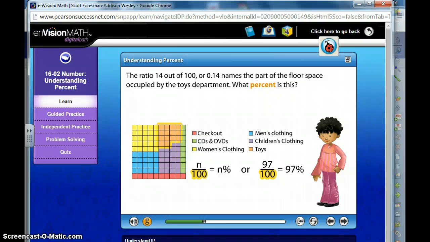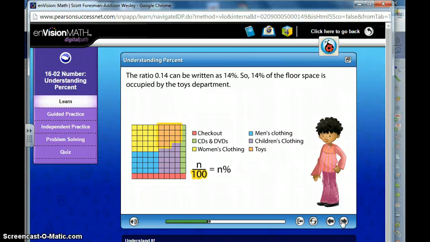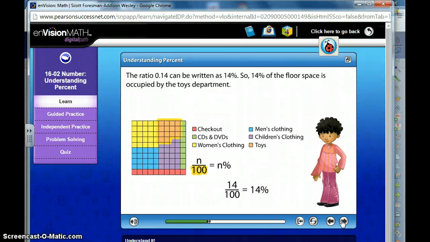Because if it's 97 over 100, you get that same number for your percent. The ratio 14 hundredths can be written as 14%. So, 14% of the floor space is occupied by the toys department.